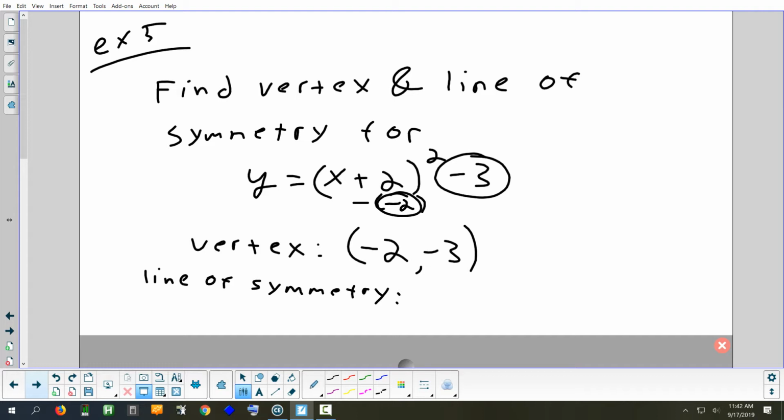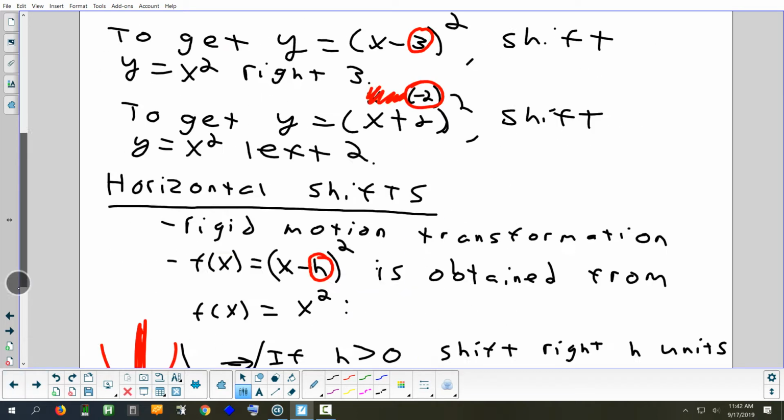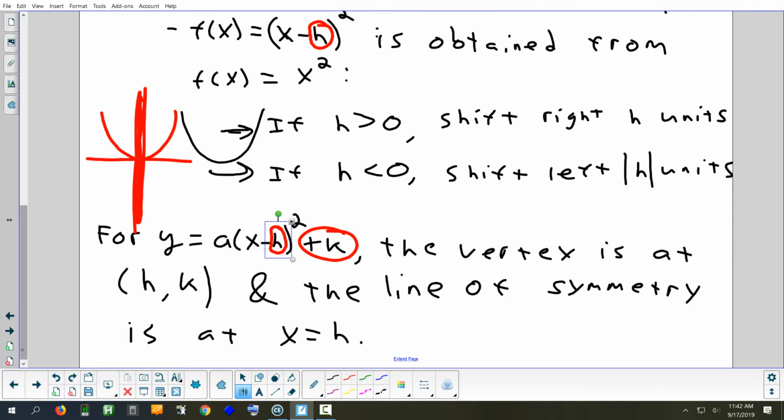Now, line of symmetry, it's x equals, and it's one of the numbers from the vertex. In this case, Emily, it's going to be x equals, let's go back, so it's x equals h. It's 2.